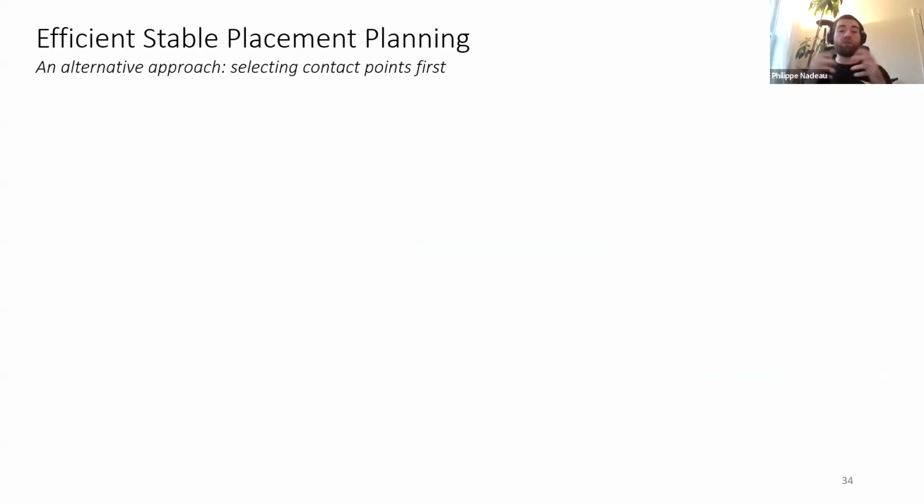Now, acknowledging that sampling over the space of poses is doomed to be highly inefficient, my work proposes to consider contact points in the first place instead of considering them only at the end.